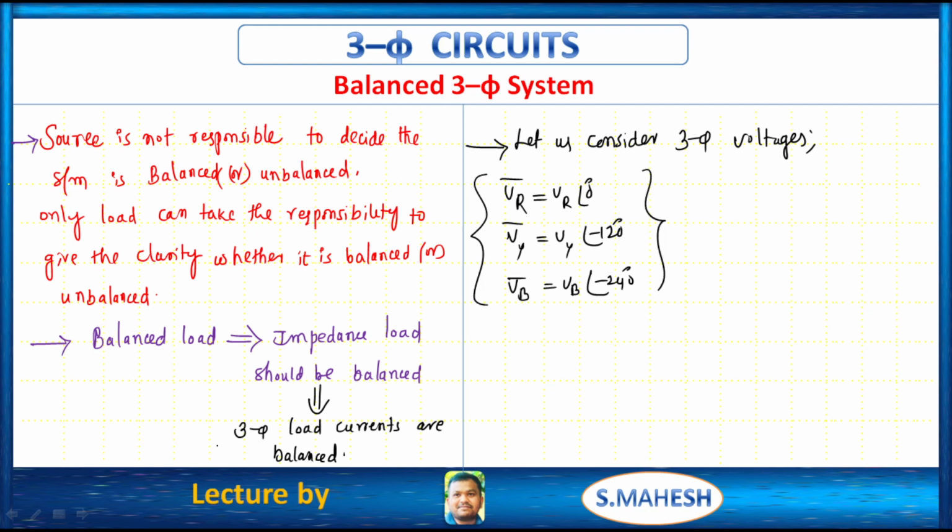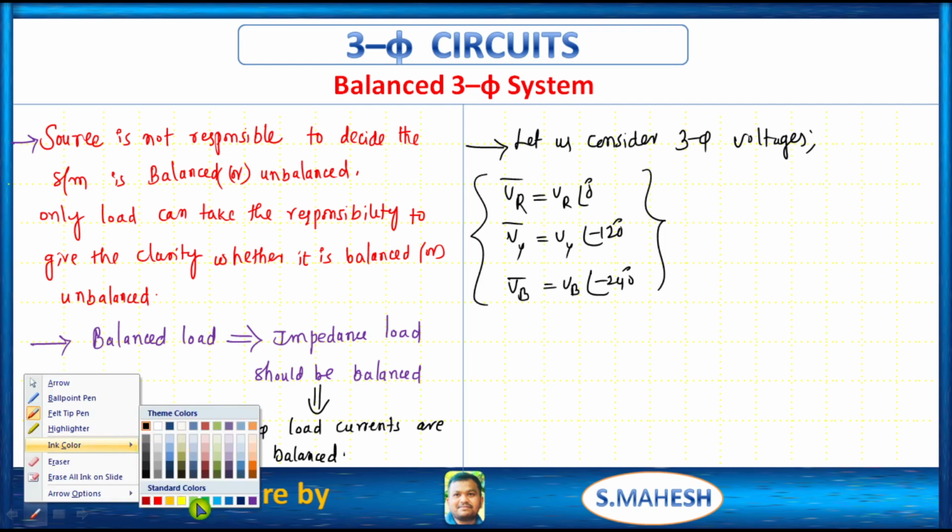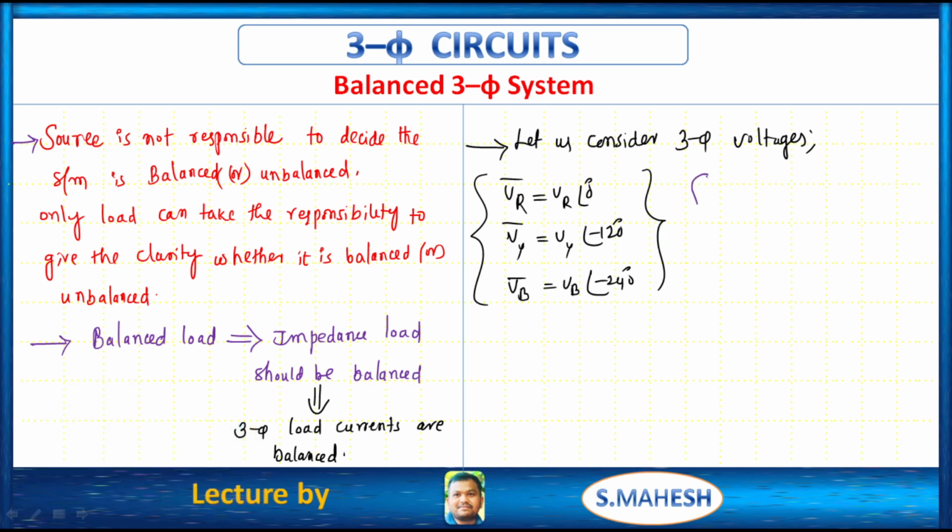So we have voltages like that, and impedances like that. The impedance in R phase, for example, ZR equals mod ZR at an angle phi R, like that ZY equals mod ZY at an angle phi Y, like that ZB equals mod ZB at an angle phi B.